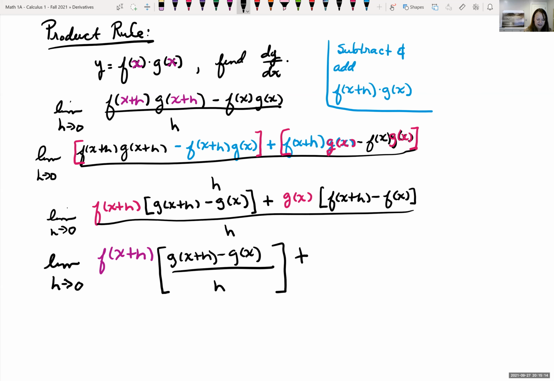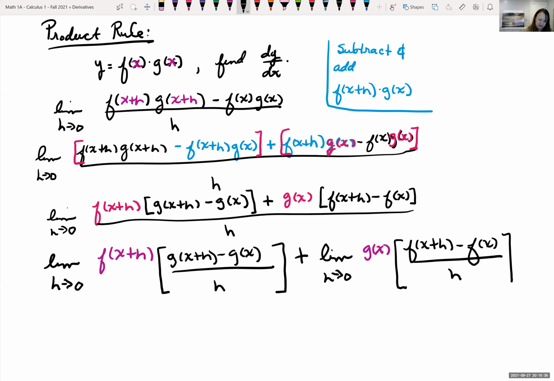Plus, let's look at the limit as h goes to 0 of the second piece. I have this g of x outside, times the inside, which is f of x plus h minus f of x, all over h.